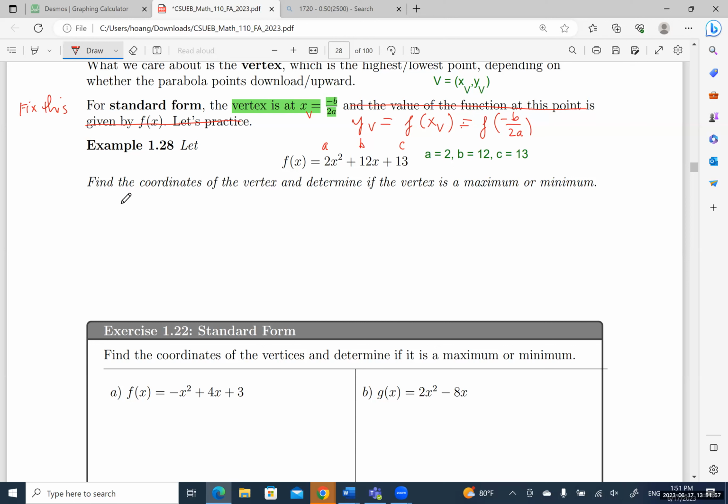So now we need to find the coordinates of the vertex and determine if the vertex is a maximum or minimum. So let's find it, right? We have xv by the formula equal to negative b over 2a, and I'm going to substitute. So negative b, which is 12, over 2 times a, which is 2. If you use the calculator, you should have the answer negative 3.